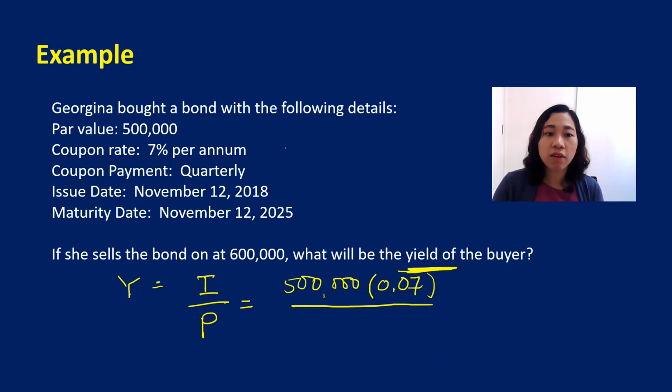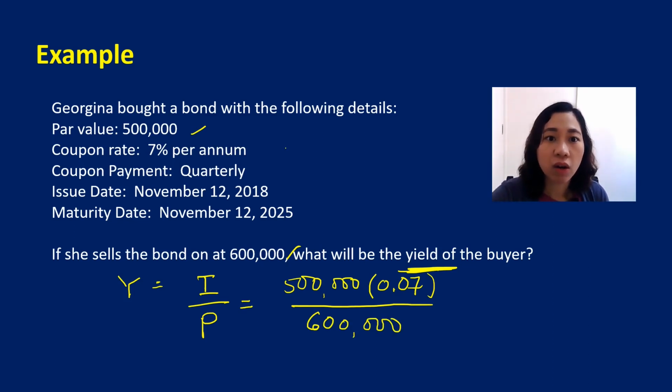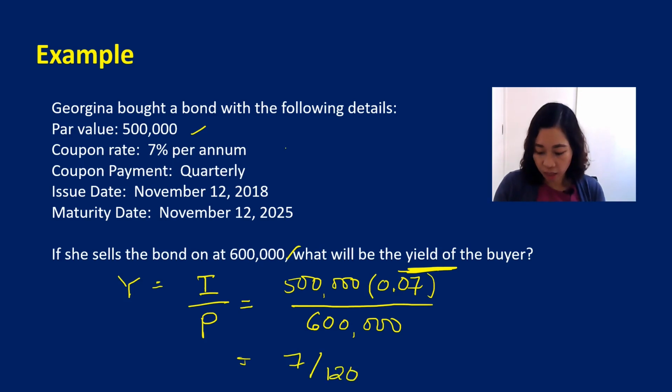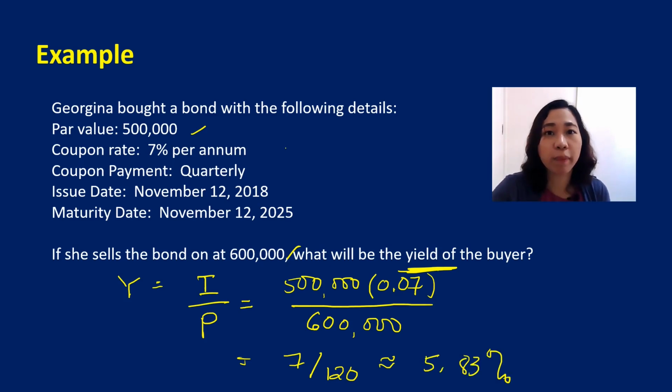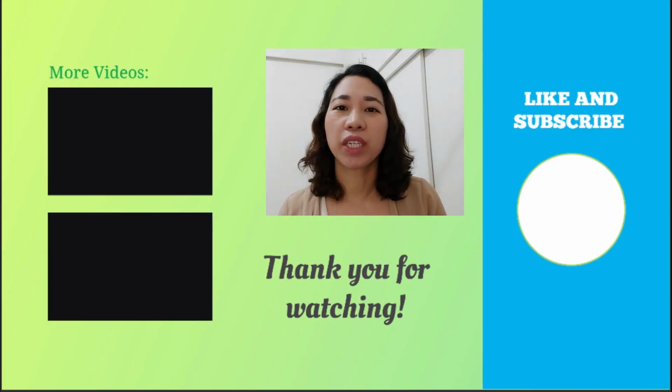So what is that, 500,000 or 600,000? It is 600,000. So what is now the answer there? That's 500,000 times 0.07 divided by 600,000. So that will give us 7 over 120, or approximately 5.83%.